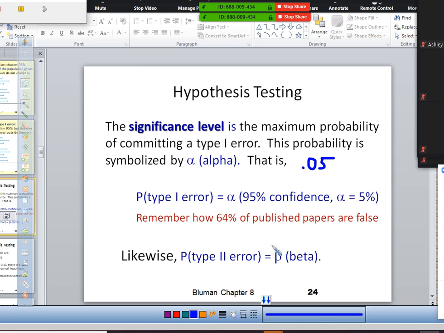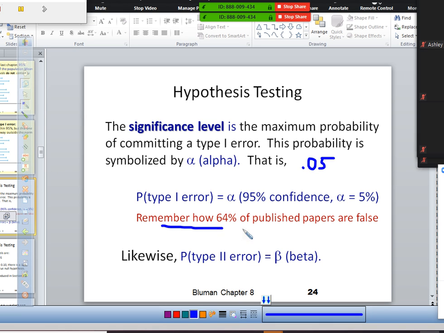Because 5% of the time we're going to get something unusual. We've set that level and said, here's all the possibilities of things that can happen. The outer 5% of them, those are going to be unusual. And if you get something in that range, then you're going to be rejecting the H0 when you shouldn't. That's the type 1 error.